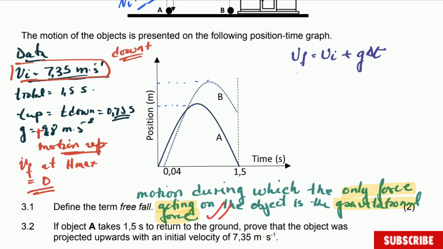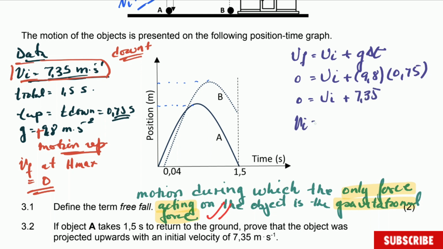So we have final velocity 0, initial velocity, we are looking for it, please don't forget that, acceleration due to gravity is positive because I say down is positive. So this one is 9,8 multiplied by the time, which is 0,75. When you do this, you get that 0 is equal to initial velocity plus 7,35, and when you rearrange, you get that initial velocity is equal to minus 7,35 meters per second.